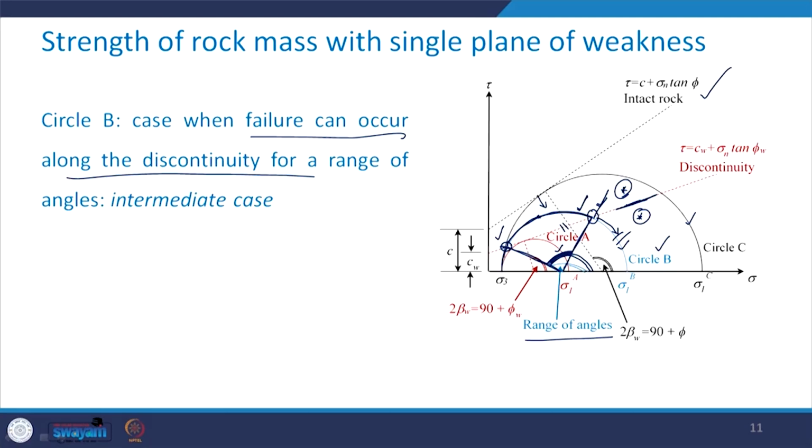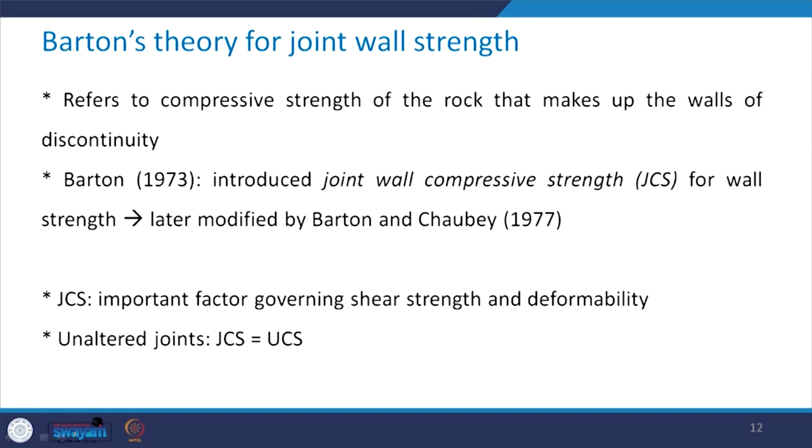But for these ranges of angles, failure can occur along the discontinuity for these intermediate cases. So, this is what I wanted to discuss with you, the single plane of weakness theory.